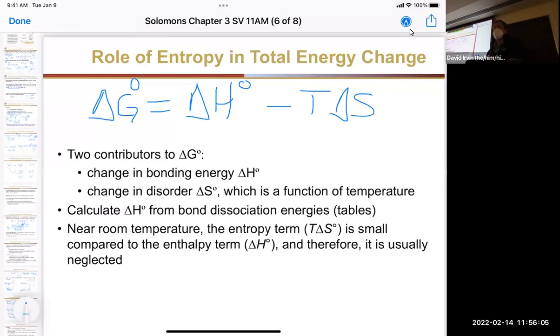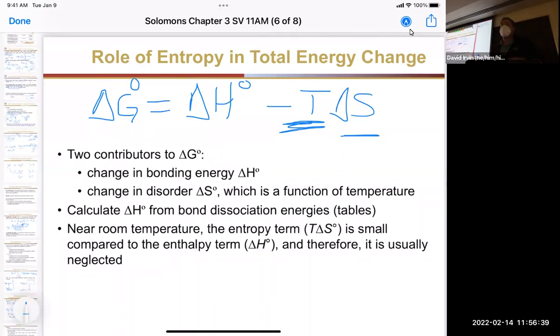Okay, so let's think about this. At room temperature, T is not going to be very big. If we're not changing entropy, this minus T delta S kind of goes away, which means the bond energy, delta H, enthalpy, is approximately the same as the Gibbs free energy. This only matters when T starts getting really high or you start breaking a molecule into 2 or 10 or 20 pieces; then entropy becomes an issue.